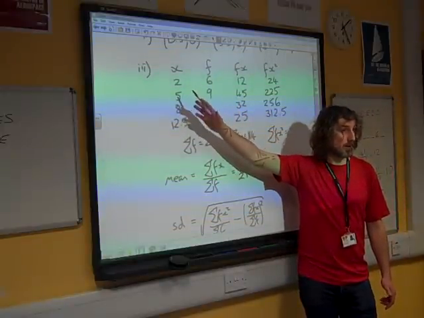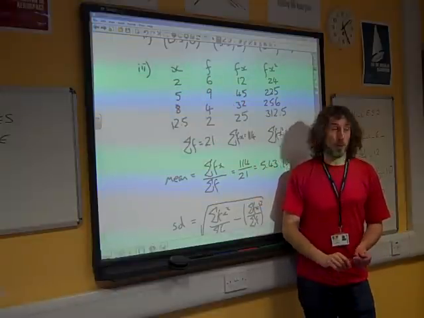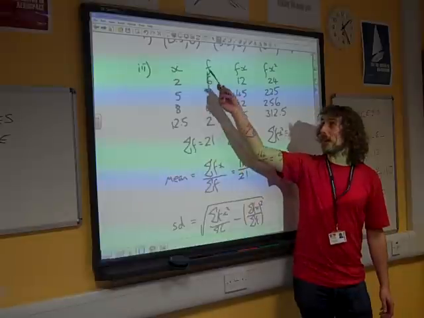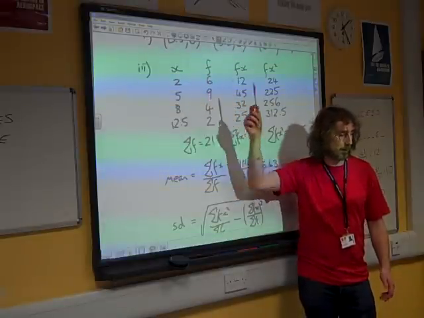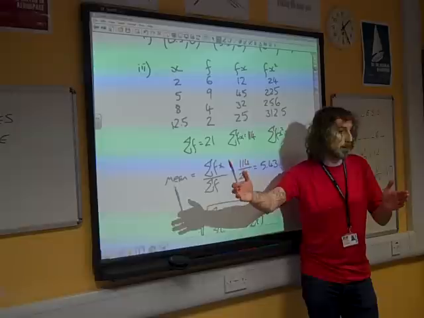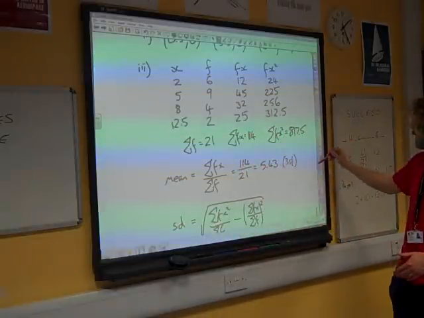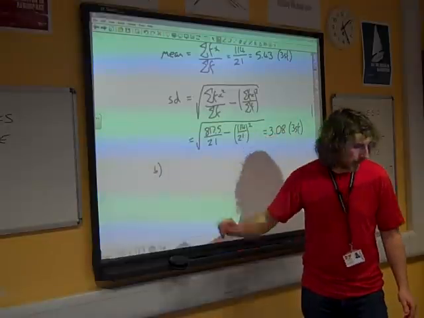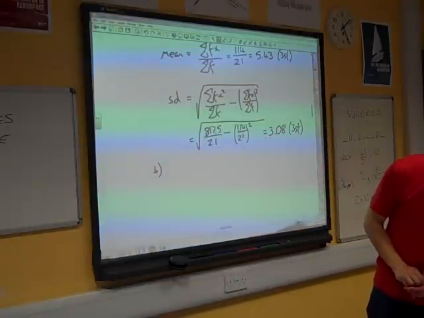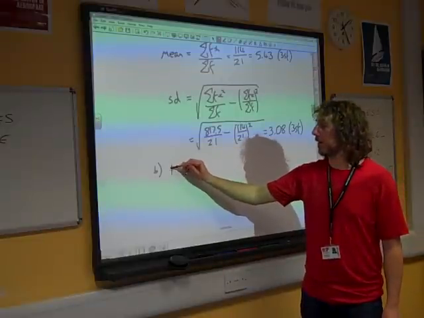We took the midpoints of each of those groups in the original table, and we've assumed that all 6 of these had a value of 2, when actually they were in a group that went from 0.5 up to 3.5, so they were quite widely spread. So how we're going to articulate that: the actual values are not known, so we use the midpoints of the classes.